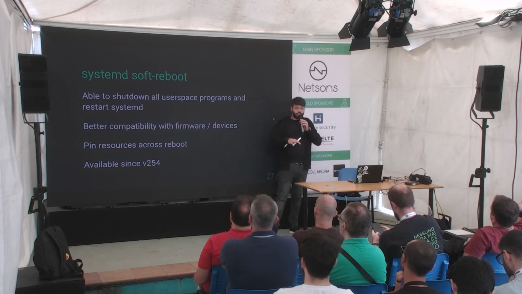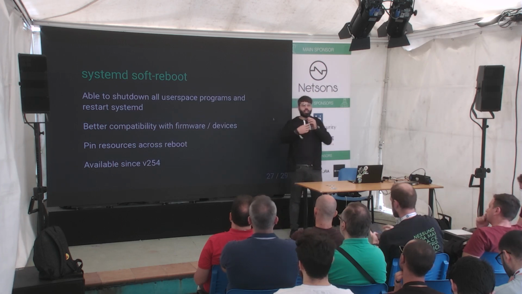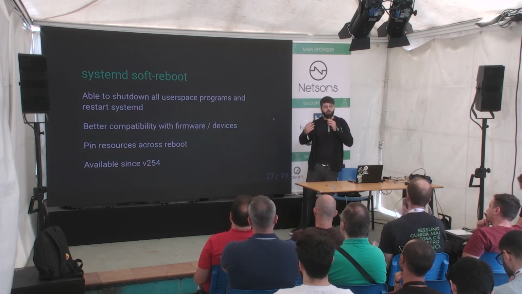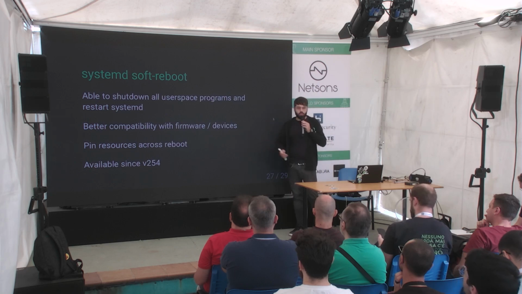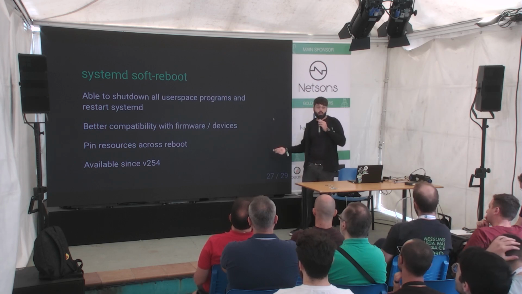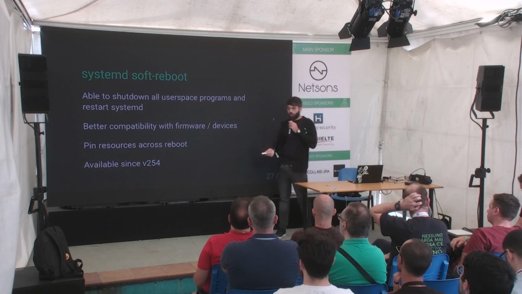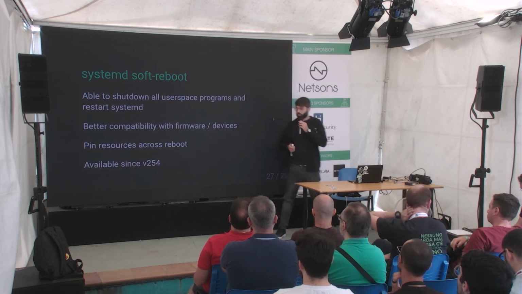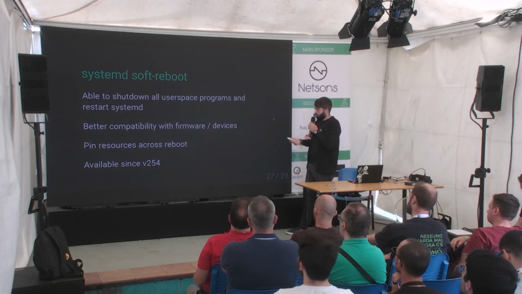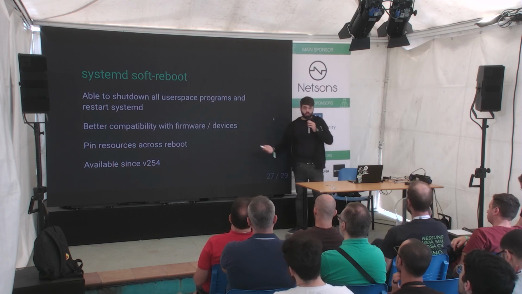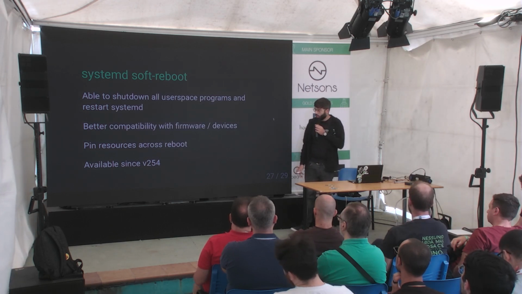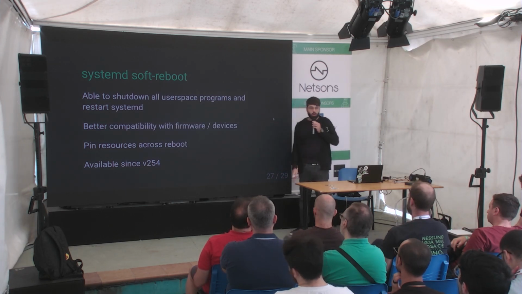The kernel will stay the same, then systemd restarts, and we have the system rebooted without passing through the hardware reboot, without loading a new kernel. So the kernel is still the same, the devices, the firmware, the kernel modules will be the same. It's been available since systemd 254, so 1 year.